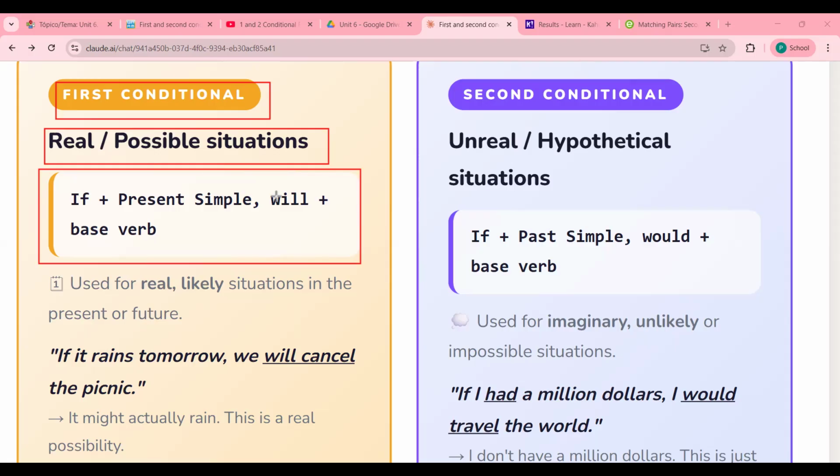Maybe Angie Naomi, could you read the structure, please? Yes, teacher. First conditional, real possible situation. If plus present simple, will plus base verb. And this instruction, maybe Angie?